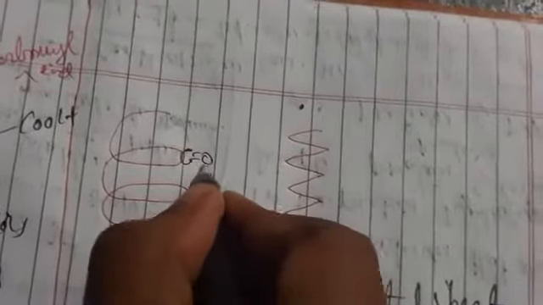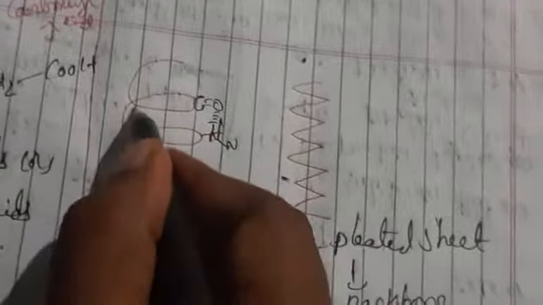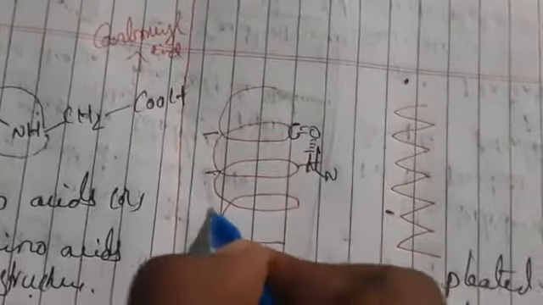It can be easily stretched, like our backbone, which is very straight and can stretch only like this. Here we have C double bond O and NH, and there will be hydrogen bonding.